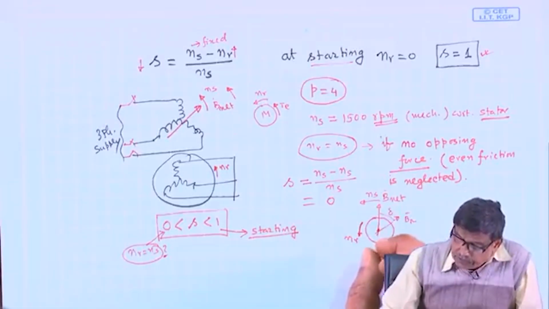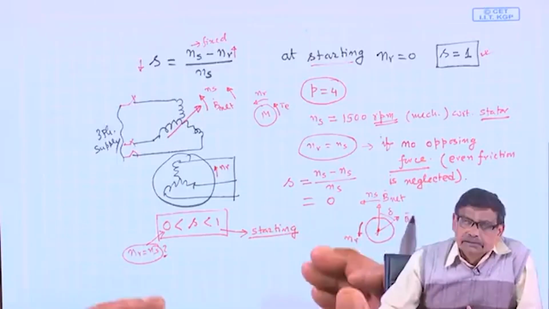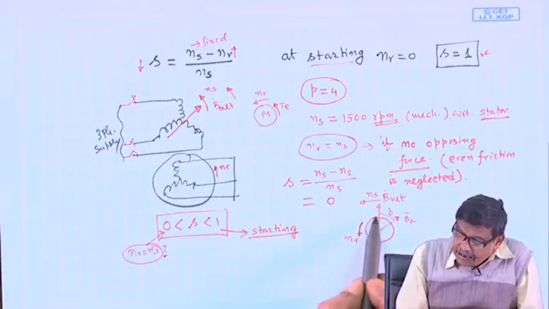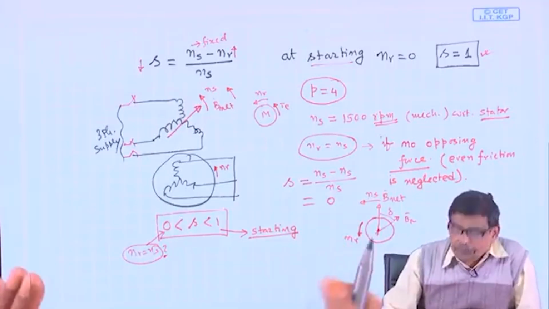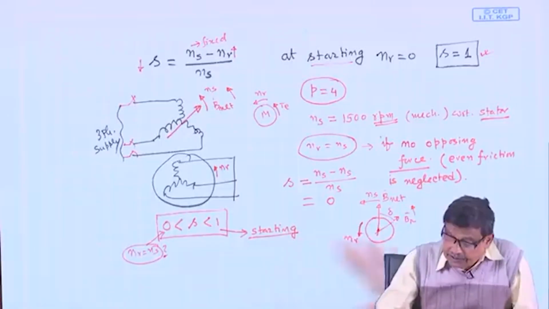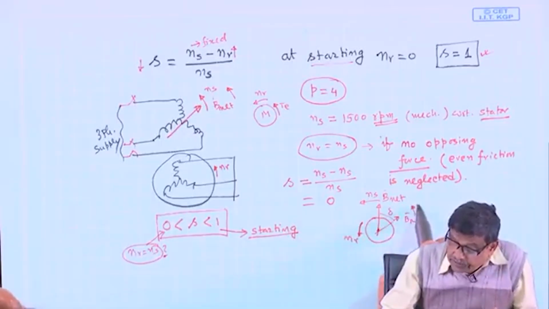As it evolves with time, the angle between them remains the same. Both of them are running at synchronous speed, no matter what the value of Nr is. That is another interesting observation we have seen earlier.